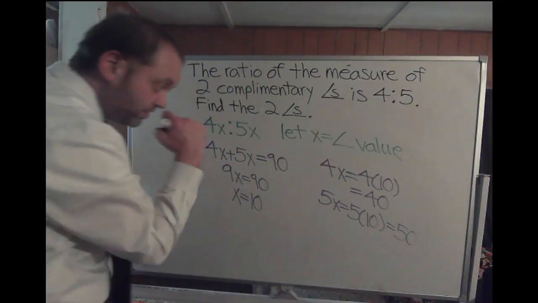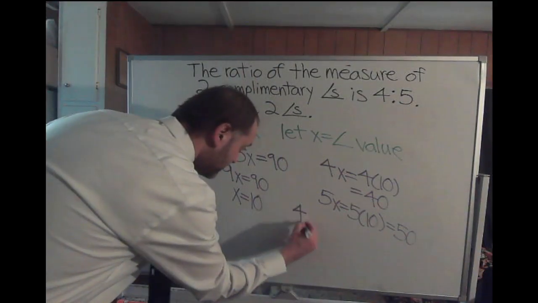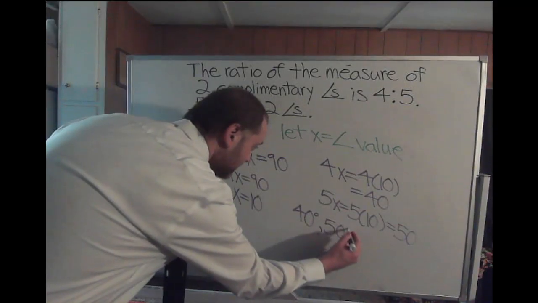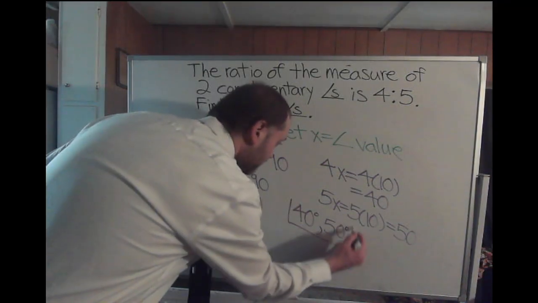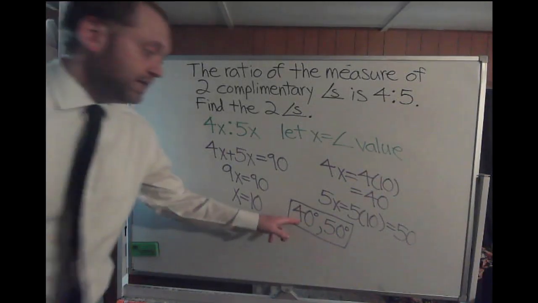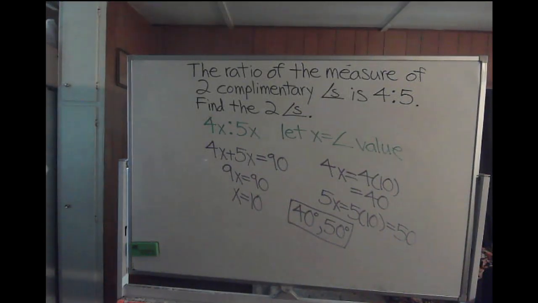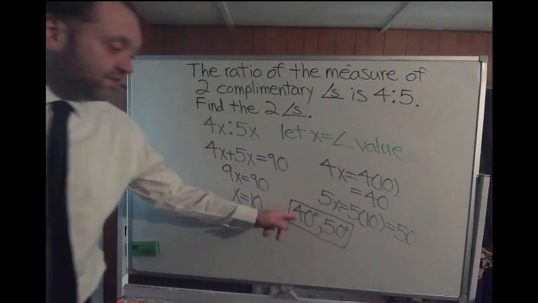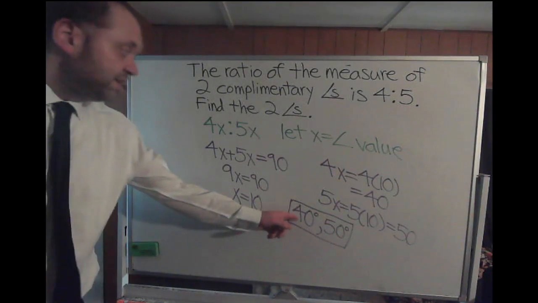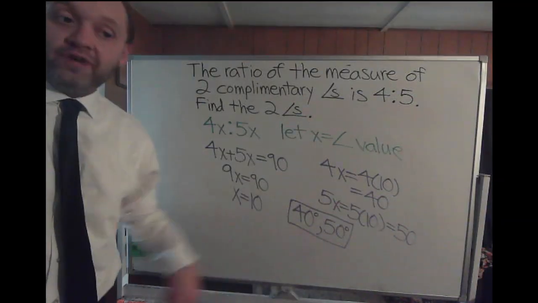So the measure of the two angles ultimately is going to be 40 degrees and 50 degrees. And if we add 40 and 50 together, you get 90. That makes sense, right? Those would be complementary angles. And 40 to 50 are both in the ratio of 4 to 5.